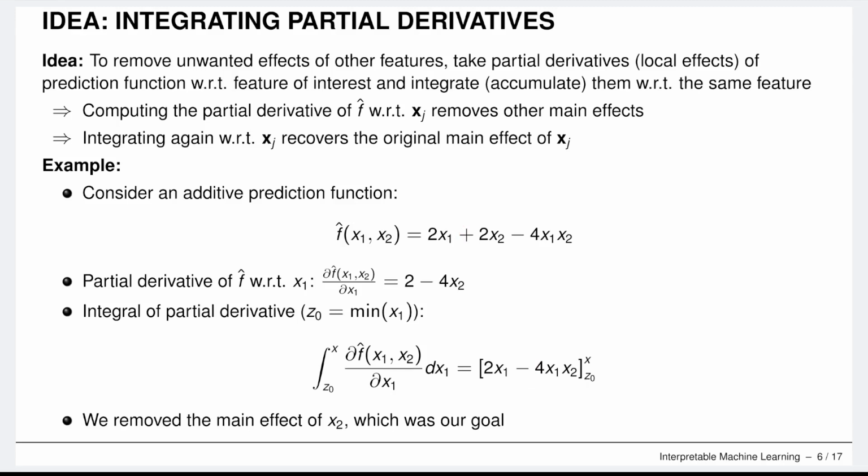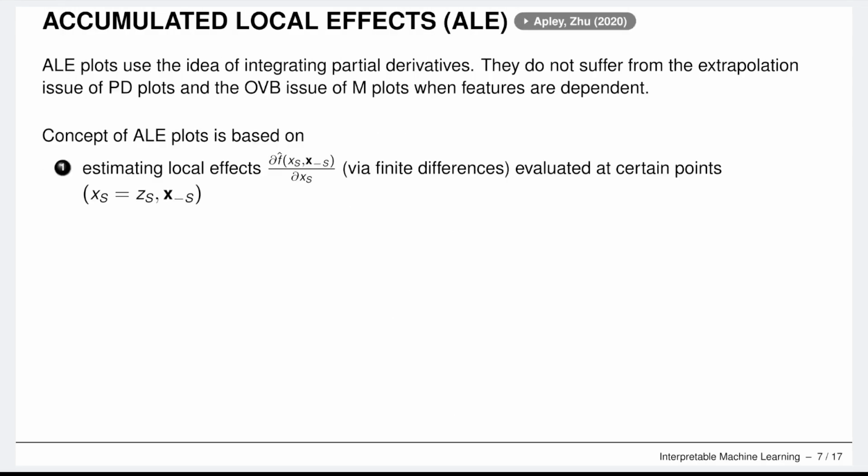We know that M plots suffer from the omitted variable bias, which means that it includes main effects of other features that are dependent with the feature of interest. We achieved the goal here by using this idea of integrating the partial derivative. And ALE plots are using this idea.